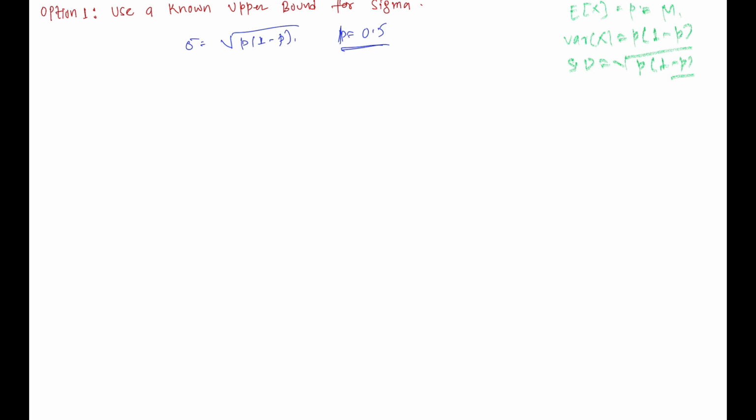So when p is half, and you can even find the maximum value of this thing, it will be a parabola, and it will have the maximum value at p equals 0.5. And what will be the maximum value of this sigma? Sigma will be less than or equal to root of 0.5 times 1 minus 0.5, that is 0.5.